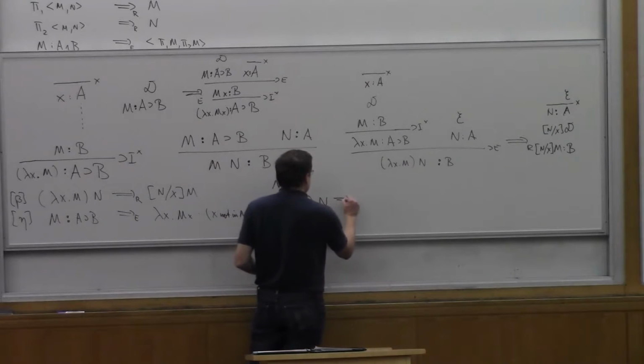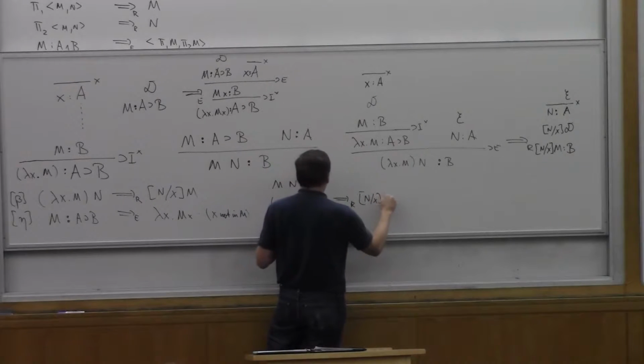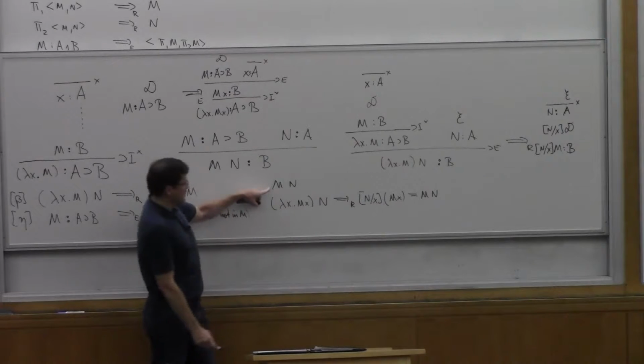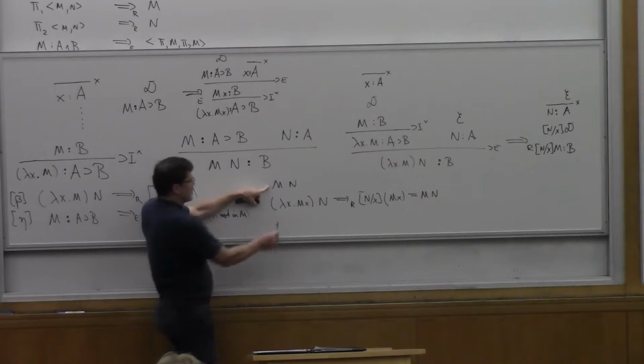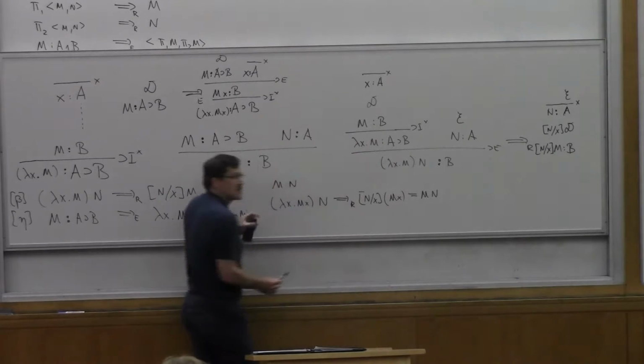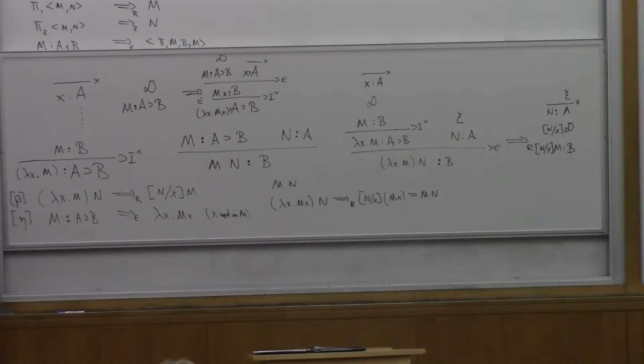Now this beta reduces to, well, we have to substitute N for X in M applied to X, but that's just equal to M applied to N. So if you apply M to an arbitrary argument, or if you apply lambda X, M of X to an arbitrary argument, you get the same result. And therefore those two functions should be considered equal, because whenever you apply them, you get the same answer.